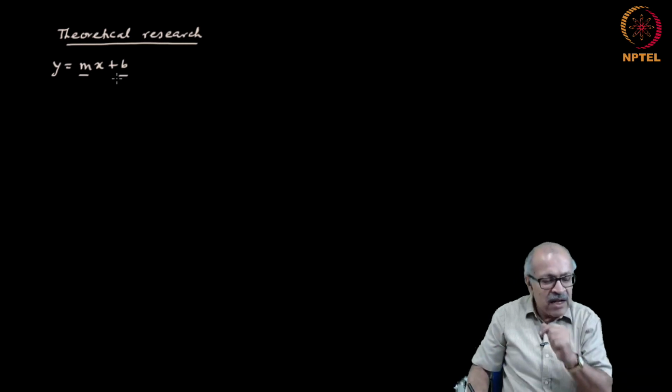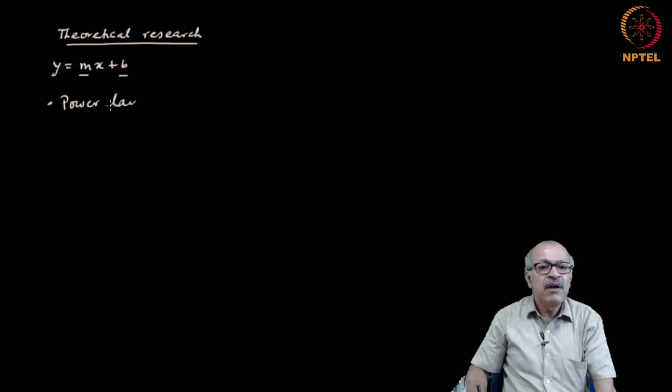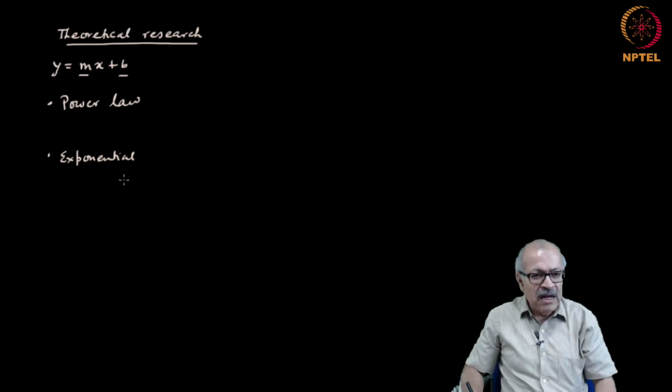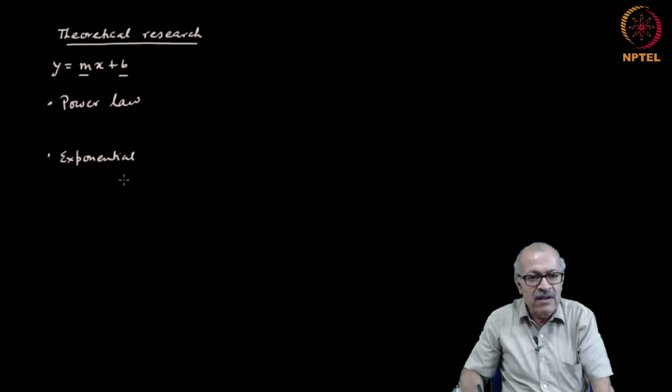The ones that are really important are the exponential function and the power law. So, first the power law, and second the exponential. These two functional forms yield some physical insight, and that is why physicists are often interested in this.